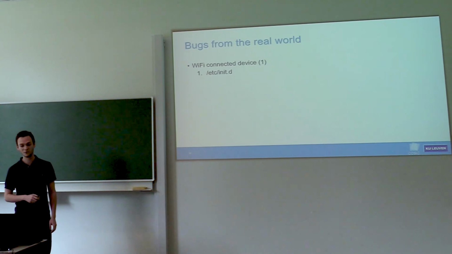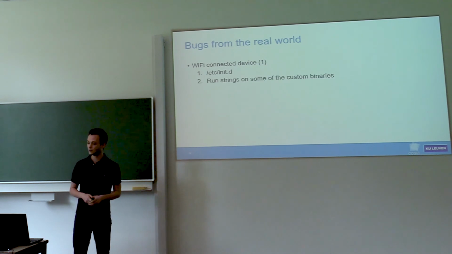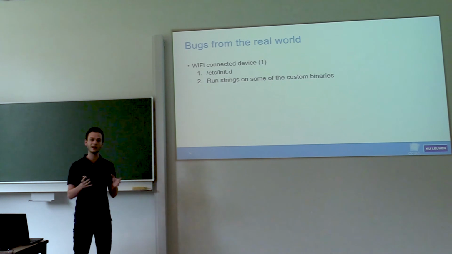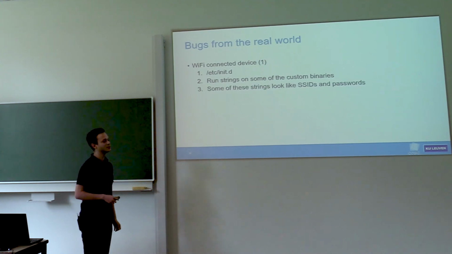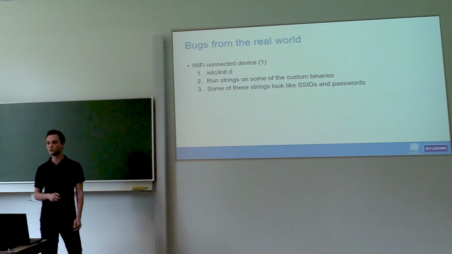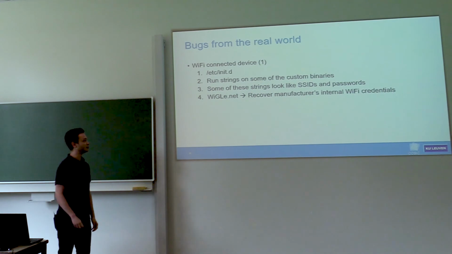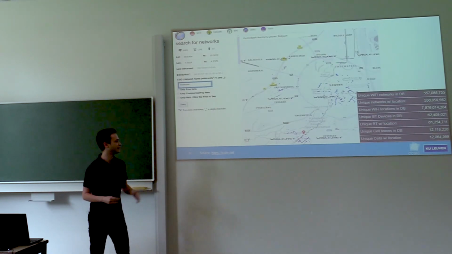Same device, I looked at /etc/init.d to see which processes it starts. And then what you usually do is run strings on these binaries to figure out what they're doing. Scrolling through these strings, I found a few things that looked like SSIDs and passwords to me. Now there's a great website called wigle.net, which is basically a big database of SSIDs all over the world.